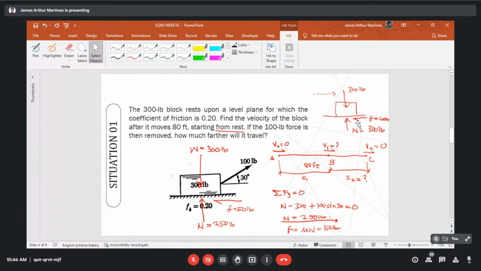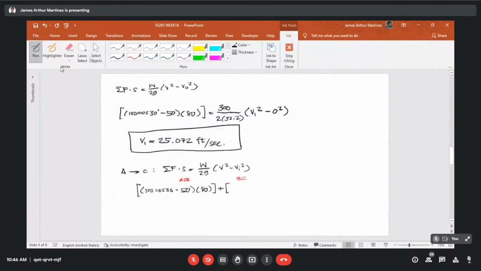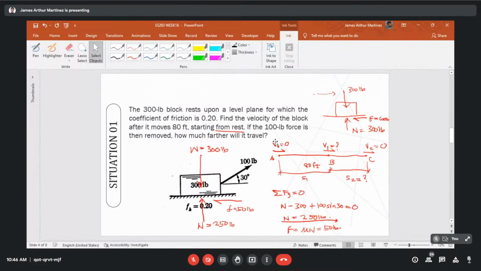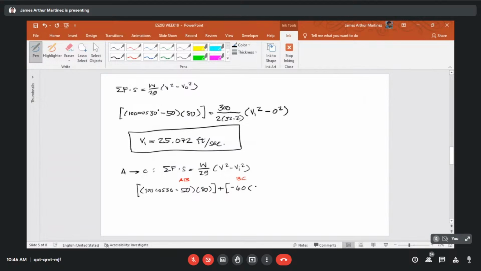So that is the only one included in the analysis, and since it is opposite to the positive direction of motion, negative 60 multiplied by the distance or displacement covered, which is unknown, so S2.